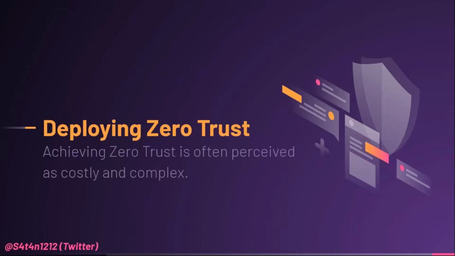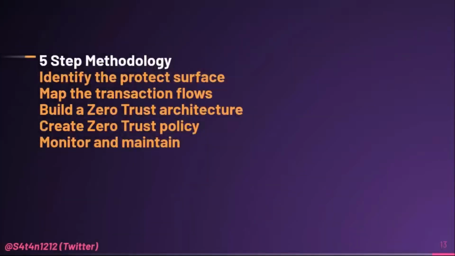Zero trust is also quite simple to deploy, implement, and maintain using a simplified methodology, which is identifying the protect surface, mapping the transaction flows, building a zero trust architecture, creating zero trust policy, and then monitoring and maintaining. The protect surface can consist of identities, endpoints, data, applications, infrastructure, and network.